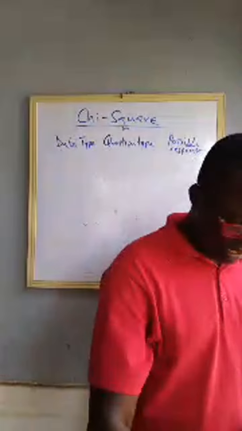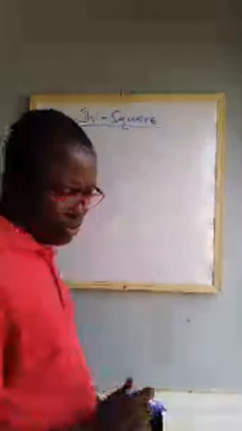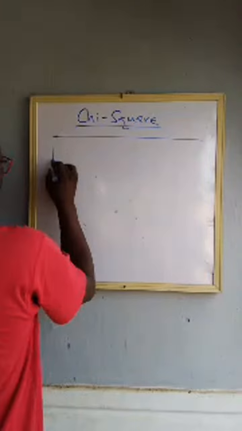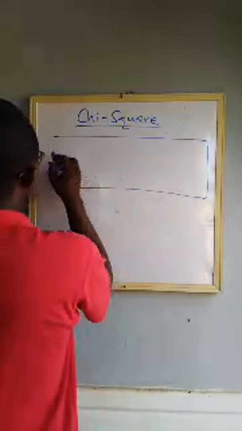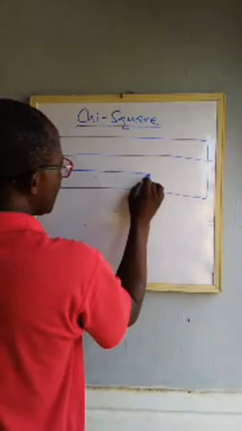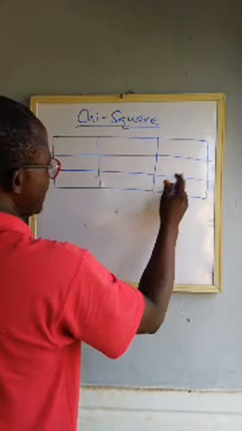Let me show you the 2x2 contingency table directly. Let's draw the table. We have this table like this.